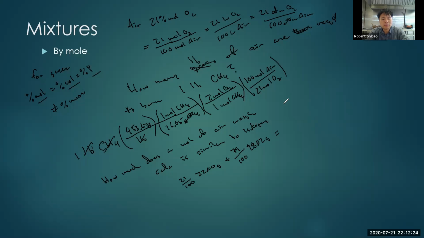I'm going to do 21 divided by 100 times 32, which is 6.72, plus 79 divided by 100 times 28.02. I've got 28.85.